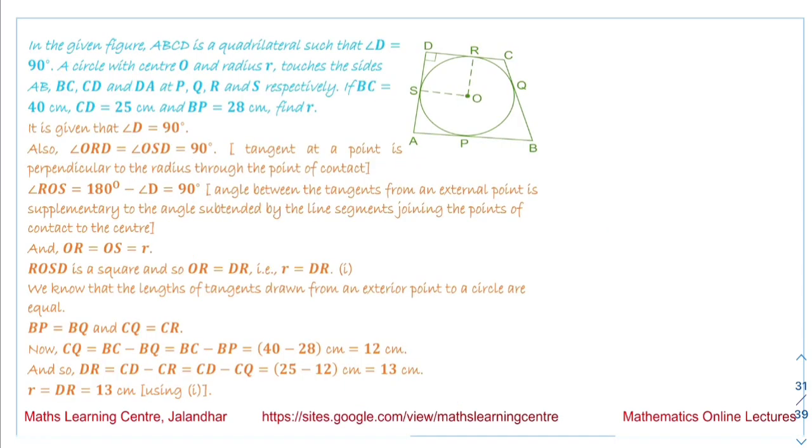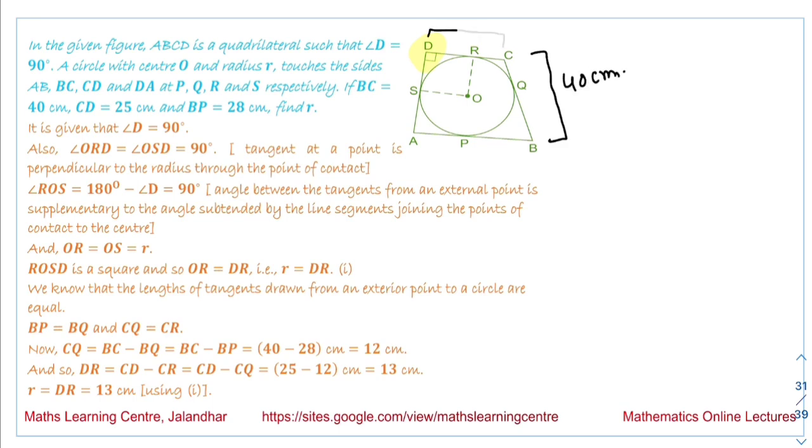Next is, in the given figure, ABCD is a quadrilateral such that angle D is 90 degree. We are talking about this angle over here, it is of measure 90 degree. A circle with center O and radius R touches the sides AB, BC, CD and DA at P, Q, R and S. The length of BC is given to be 40 centimeter.